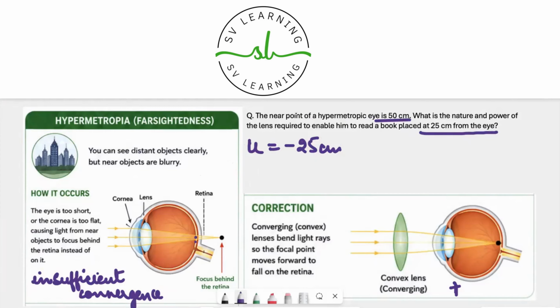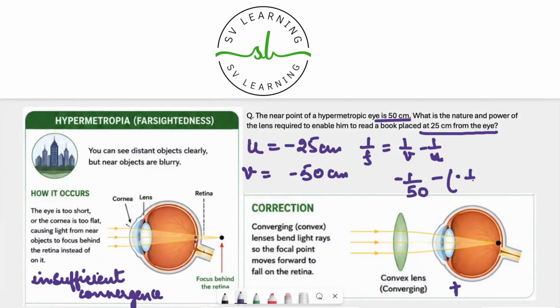And the near point will act as your v. Both u and v are negative, for the sign conventions we have done in this chapter already. So 1 by f is equal to 1 by v minus 1 by u. This becomes minus 1 by 50 minus 1 by 25.